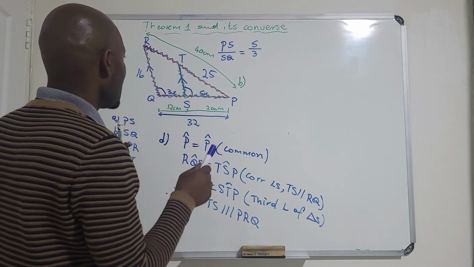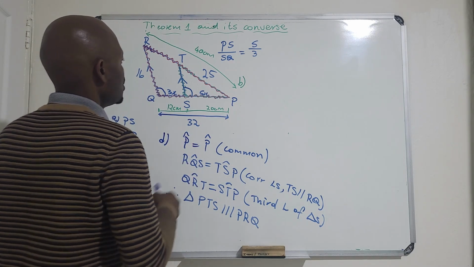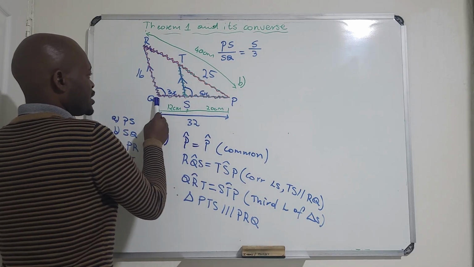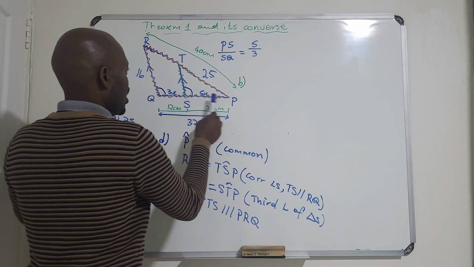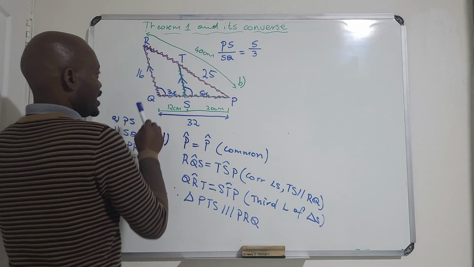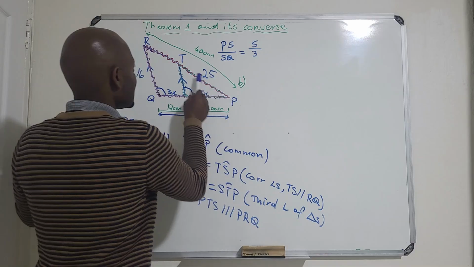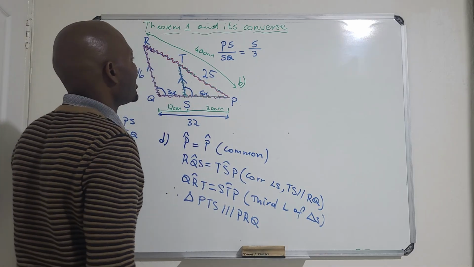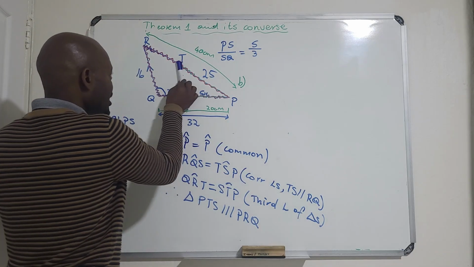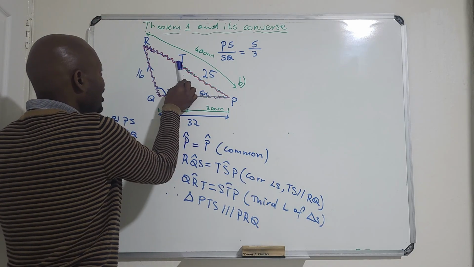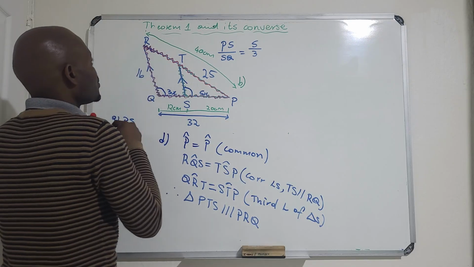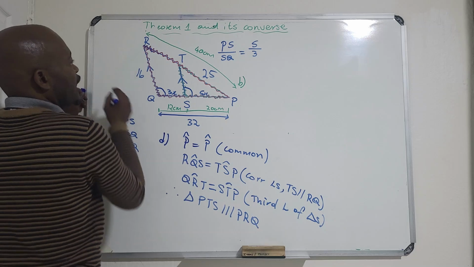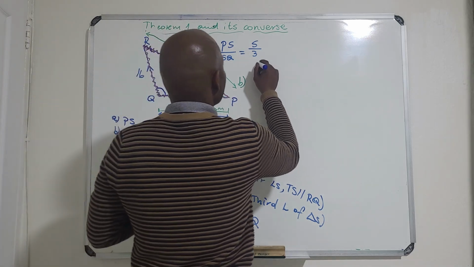The corresponding sides are in the same ratio. So it means that this over that, this over that is equals to this over that, which is equals to this small side over that. Because we can separate these triangles. I can separate these triangles.